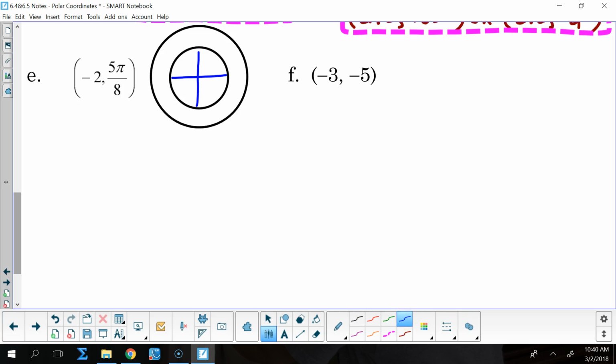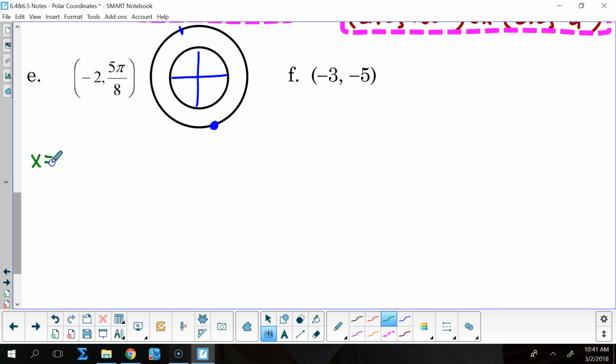So an angle of 5 pi over 8 is going to be somewhere up in here, but because I'm going negative, that point is going to be down there. So I need to have my answer be in quadrant 4 as my brief little logic check.